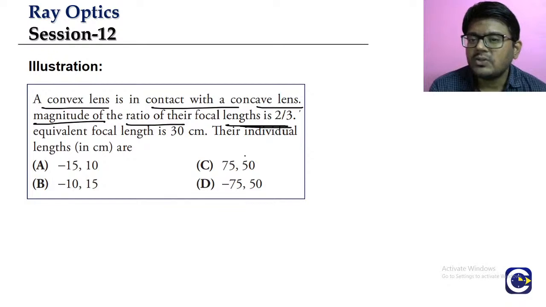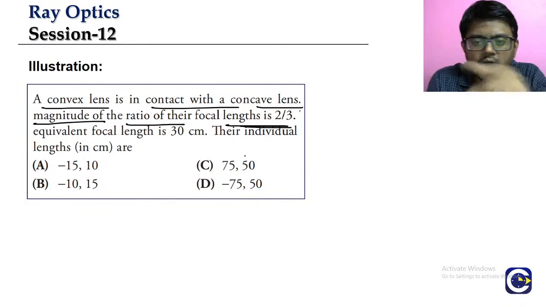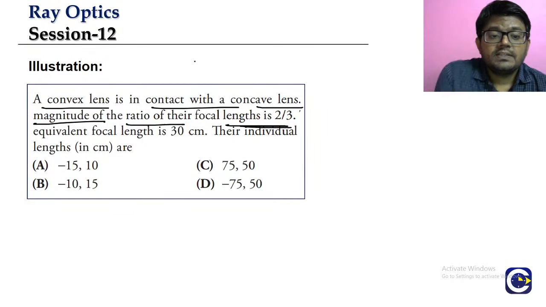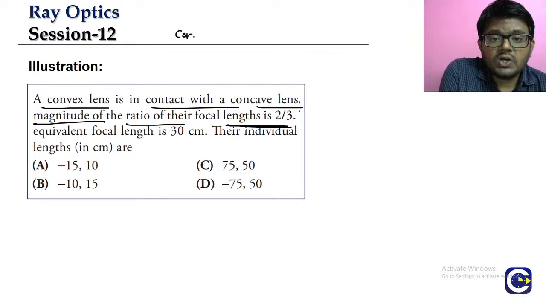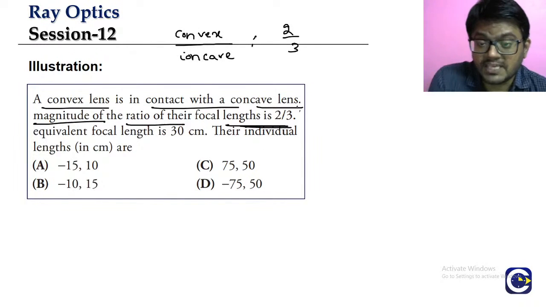Why are they saying magnitude? Because the convex lens focal length will be positive and the concave lens focal length will be negative, correct? So the convex to concave ratio magnitude is 2:3.